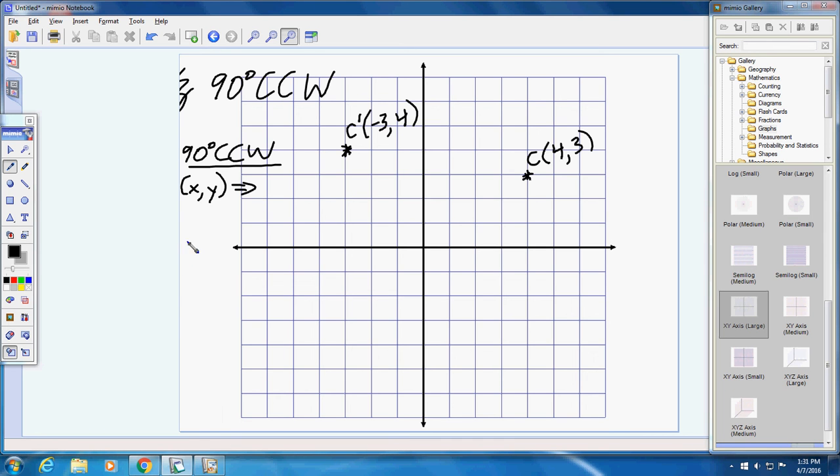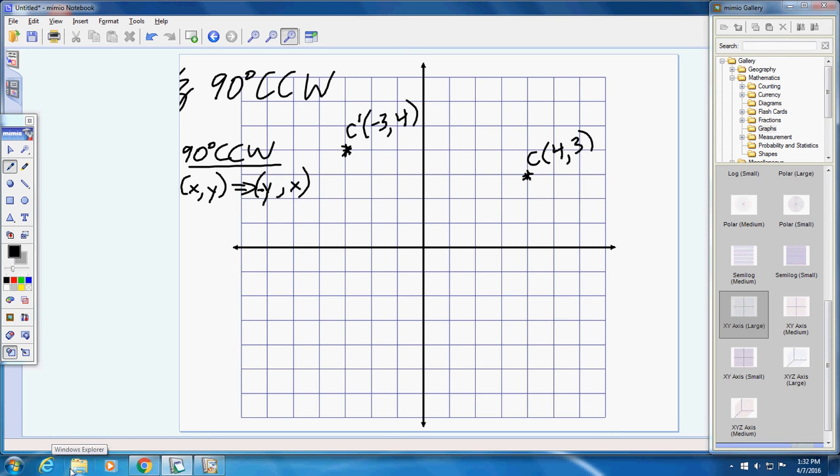Because now our x just goes into the y position, but we don't actually do anything with it. Whereas clockwise, what did we times it by? A negative, yeah. And this time, what do we notice about our y value? Or sorry, yeah, our y value goes into our x position, but gets multiplied by a negative.